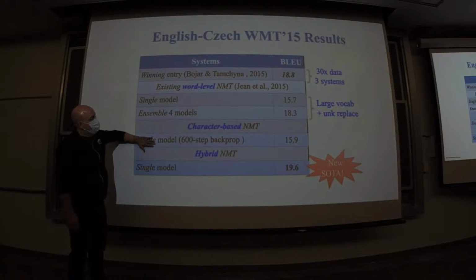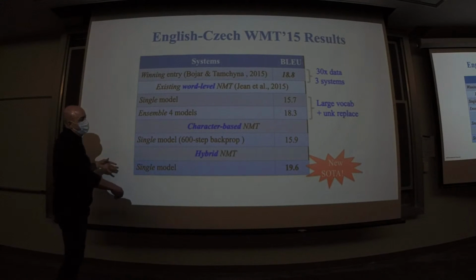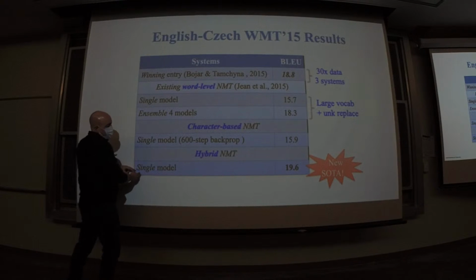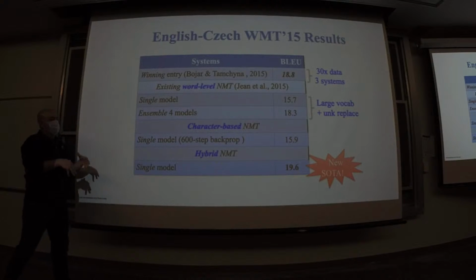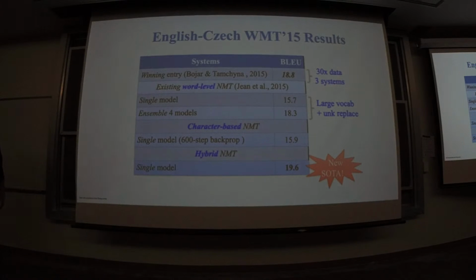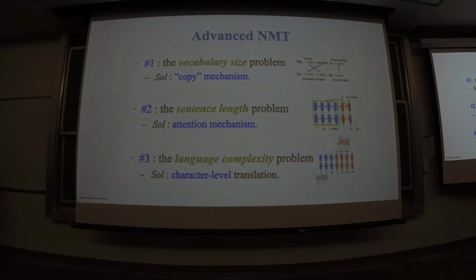This is what you would get if you're just doing character-based performance, allowing 600 characters in your RNN. And if you hybridize it, so you have the two together, you get your new state-of-the-art in English to Czech translation. And then, of course, you always want to have ensembles. Those always eke out a little bit more.